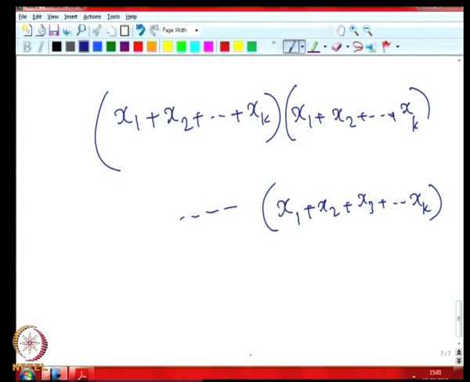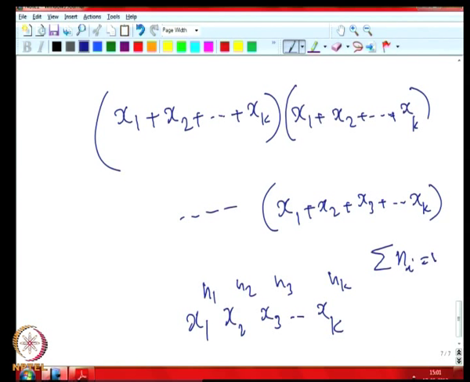Now a particular term, for instance x1 raised to n1, into x2 raised to n2, x3 raised to n3, and xk raised to nk, will be a particular term where sigma ni is equal to n.